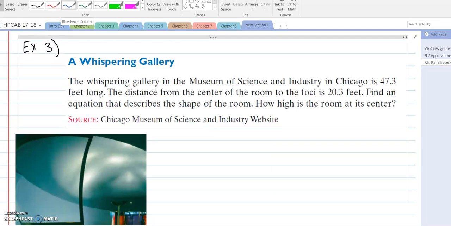One application of an ellipse is something called the Whispering Gallery, which we actually have one of at the Museum of Science and Industry in Chicago. If you've never been, it's pretty awesome. There is this room that's the shape of an ellipse, and there are 2 points in that ellipse where no matter where a person is standing inside that ellipse, if they whisper or speak as quietly as they think, if you're at those 2 points, you can always hear them.